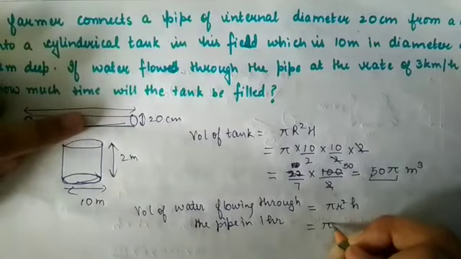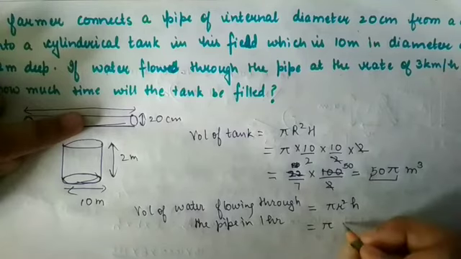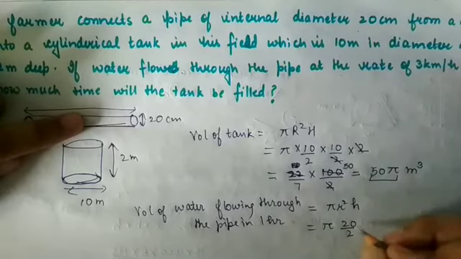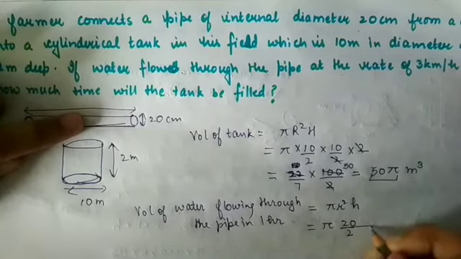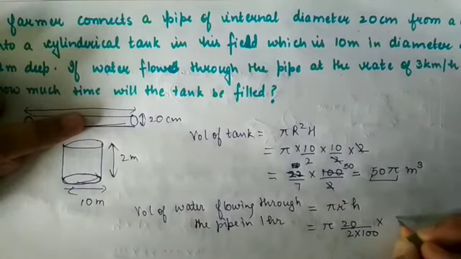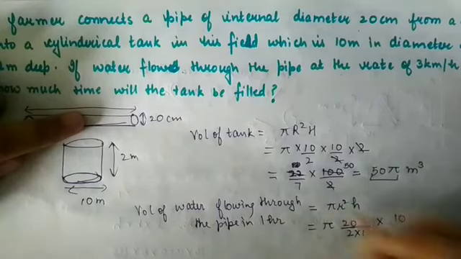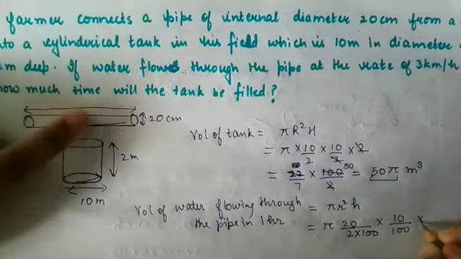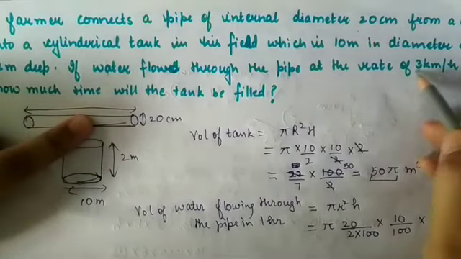Radius is 20 by 2. Now it is in centimeters, so you will convert it in meters. So it is 20 by 2, that is 10. So in order to convert it into meter, you will divide it by 100. So into 1 by 100. I am writing 20 by 2 as 10 only, now because it is r square, so we have to specify it 2 times, into 1 by 100, into height would be 3 kilometer.